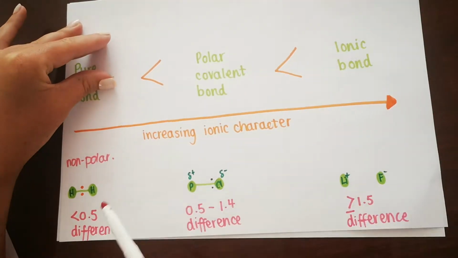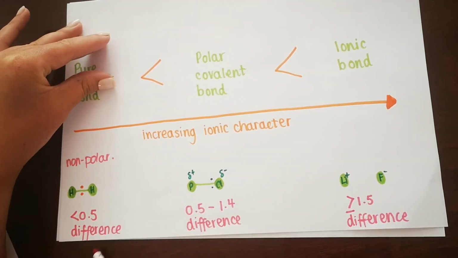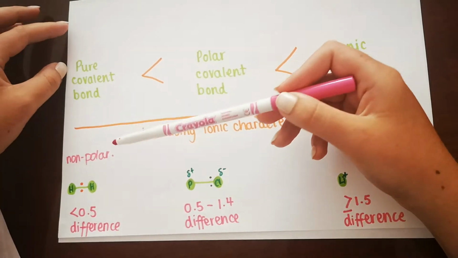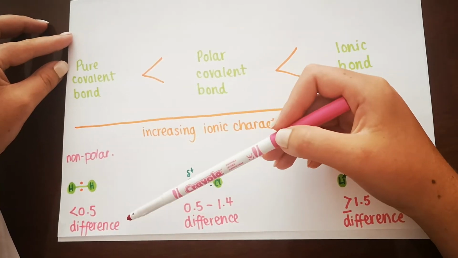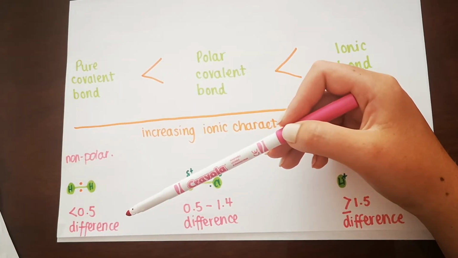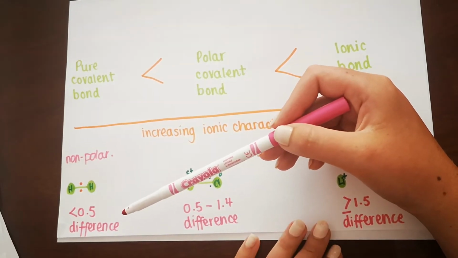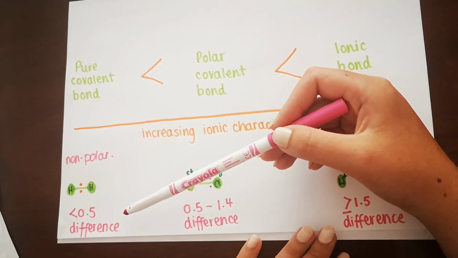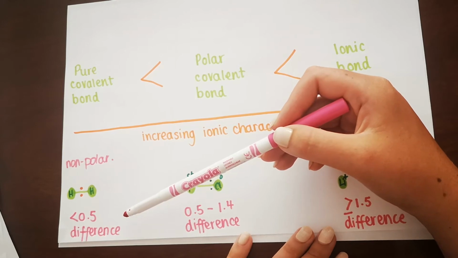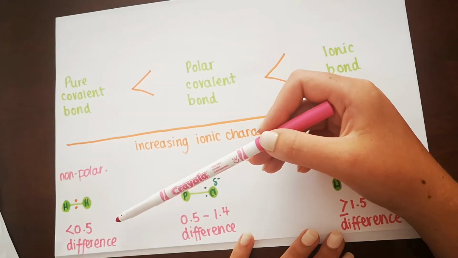If the difference is less than 0.5, you're going to have a non-polar or pure covalent bond. So the difference between the two electronegativity values, if it's less than 0.5, not including 0.5, it's going to be non-polar.